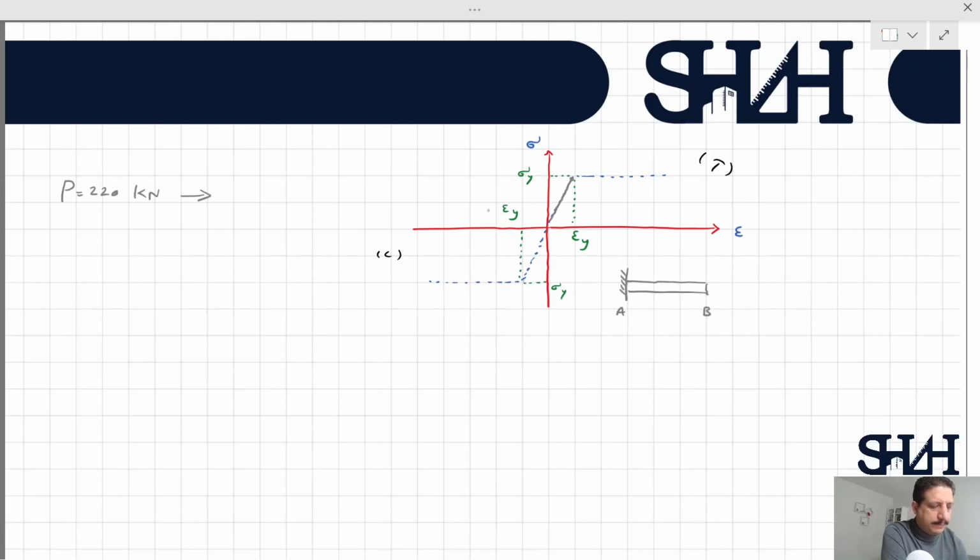So let's have a look on one element. At point B, and we apply the load, increase the load. And now let's assume we keep this load at its level. That results in the stress inside the element will be very close to yielding point or sigma y.